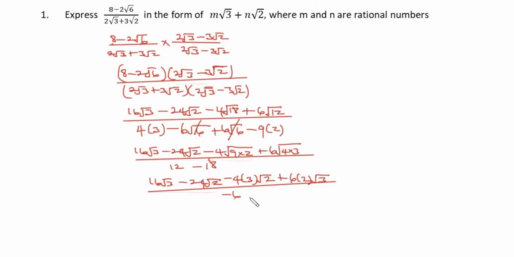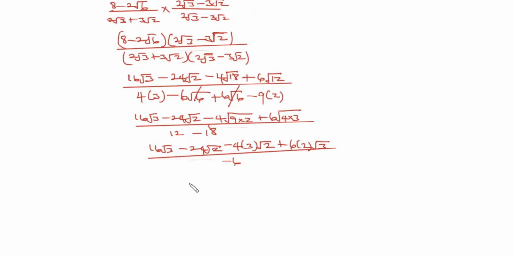So let's continue solving. We're going to have now 16√3 minus 24√2, this is now minus 4 times 3 is 12√2, and then 6 times 2 is 12√3, all upon minus 6. So now we're going to collect like terms. They are alike if they have the same root. This one is alike with this, and then 24√2 and 12√2 are alike.